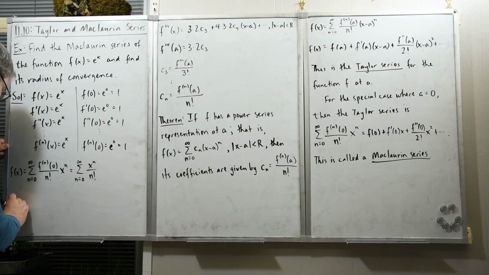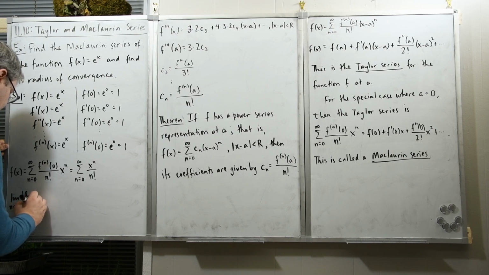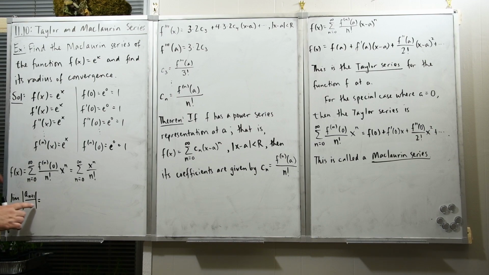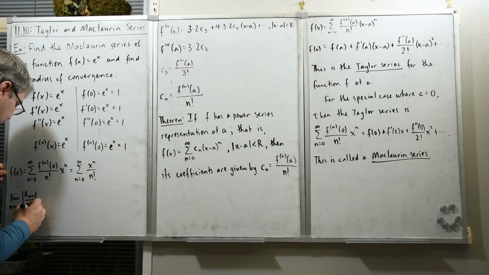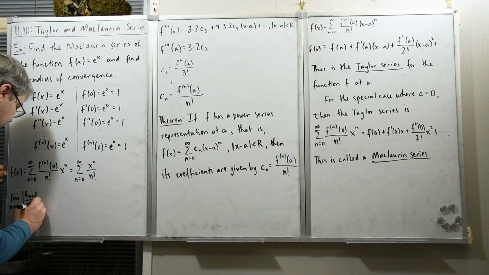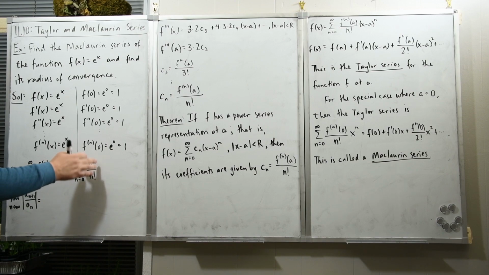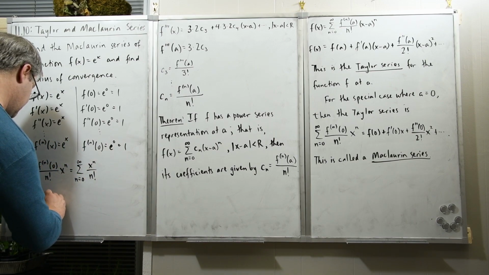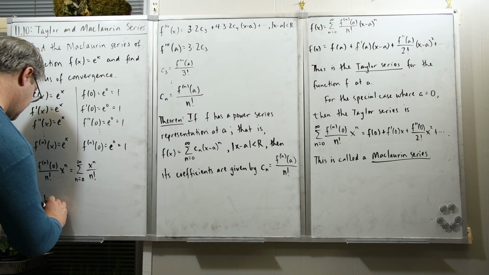We'll take the limit as n approaches infinity of the absolute value of a sub n plus 1 over a sub n. But let's remember that a sub n plus 1 is what we get when we replace the n's in the general term with n plus 1s. So we'll have the limit as n approaches infinity.